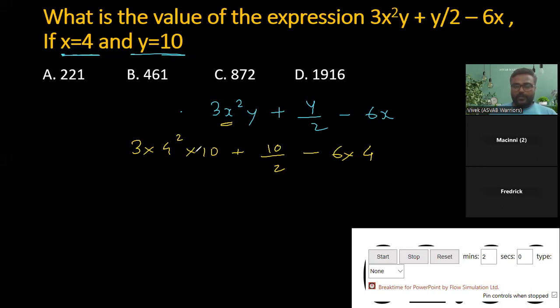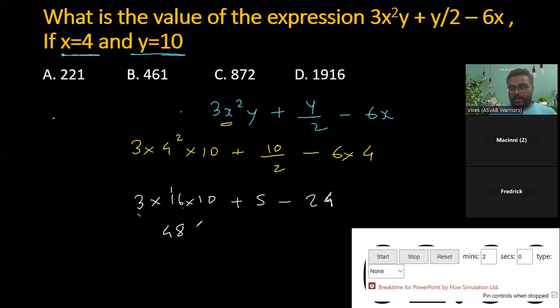Let's try solving it. So let's solve the exponent first. So 3 times 16 times 10 plus 10 divided by 2 is 5 minus 6 times 4 is 24. So 3 times 16. 6 times 3 is 18. Carry the 1 over. 3 times 1 is 3 plus 1, 4.